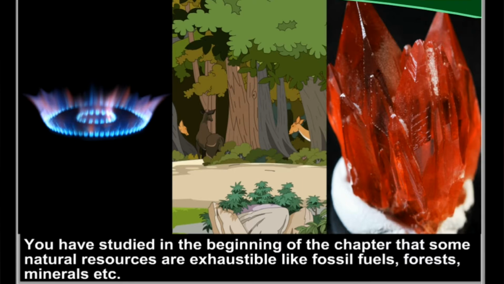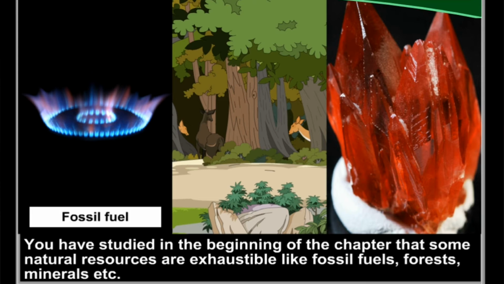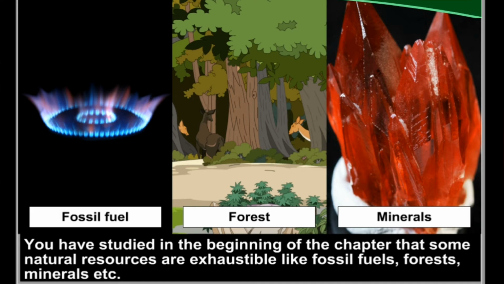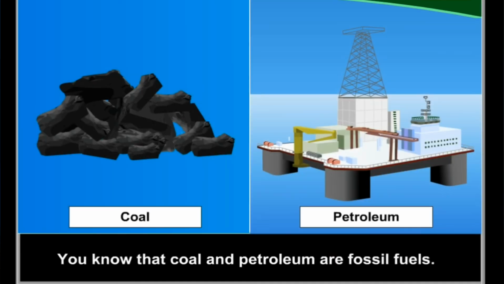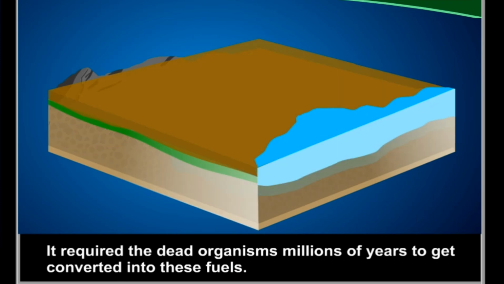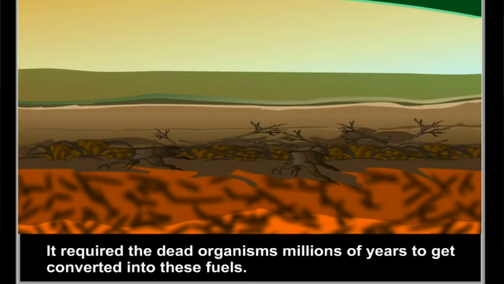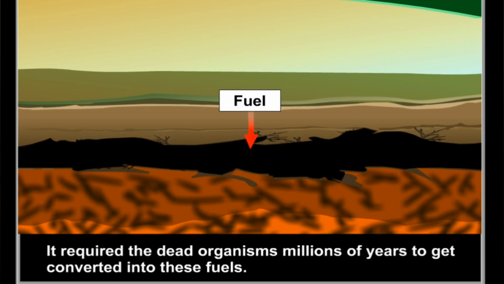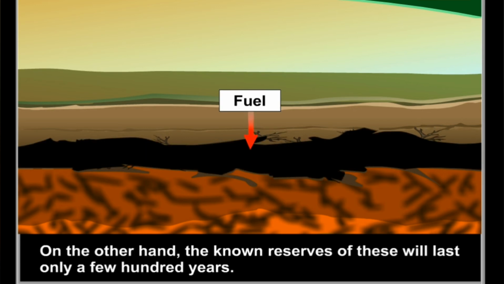You have studied in the beginning of the chapter that some natural resources are exhaustible, like fossil fuels, forests, minerals, etc. You know that coal and petroleum are fossil fuels. It required the dead organisms millions of years to get converted into these fuels. On the other hand, the known reserves of these will last only a few hundred years.